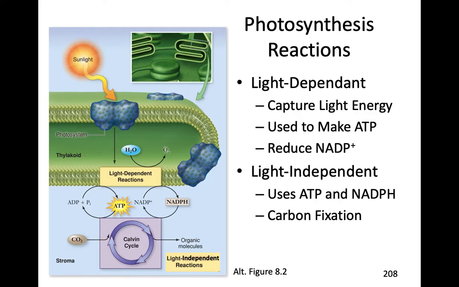One of the important quote-unquote waste products of photosynthesis is oxygen. But when we consider the reactions, you'll notice the oxygen is not from carbon dioxide, but it's going to come from the process of breaking water. That's a really important point I'm going to make when we actually get to the reactions: this waste product of oxygen is not coming from carbon dioxide, but from the breaking of water molecules.